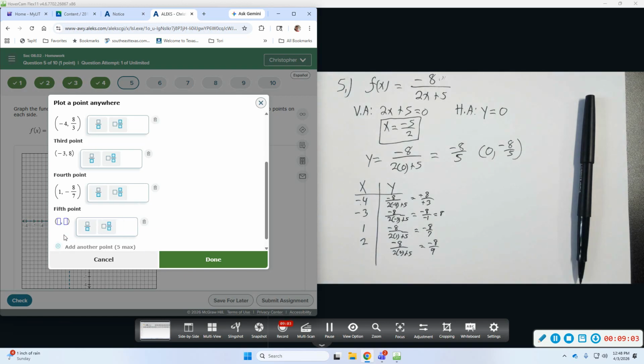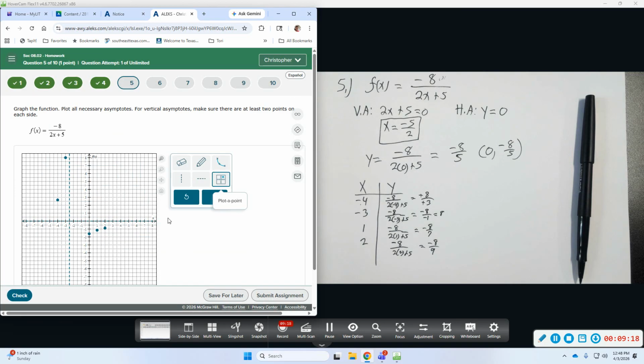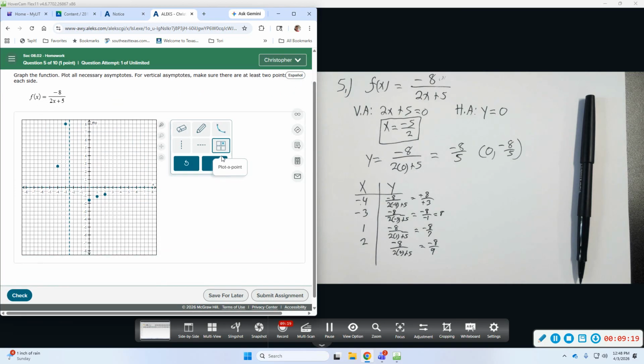I have one more. (2, -8/9). And we're going to plot the line, and it just goes right through those ordered pairs, and we check.